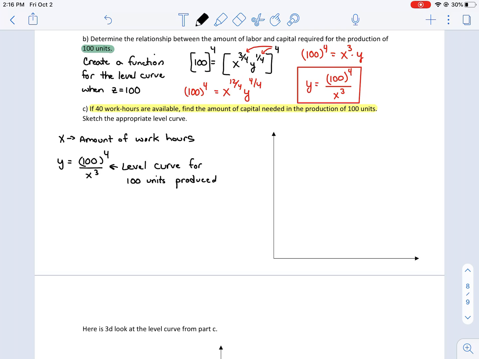So to find the amount of capital needed when 40 work hours are available and they want to produce 100 units, we're going to substitute 40 in for x.